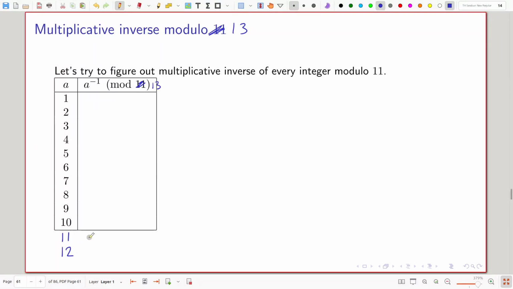You cannot multiply 0 to get to 1, right? So 0 doesn't have an inverse. So if you want to solve an equation like 0x equals something, you cannot solve it exactly like in real numbers. But what is the multiplicative inverse of 1 modulo 13? It's going to be 1. What's the multiplicative inverse of 2 modulo 13?